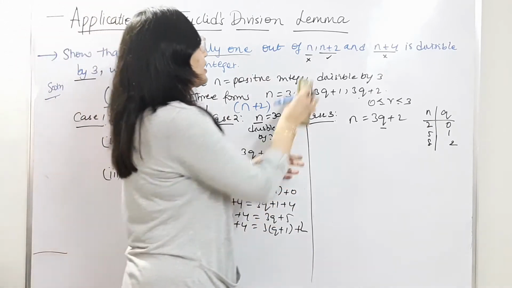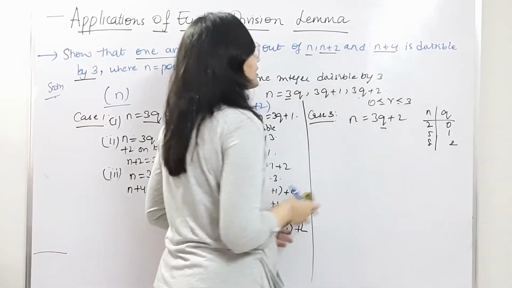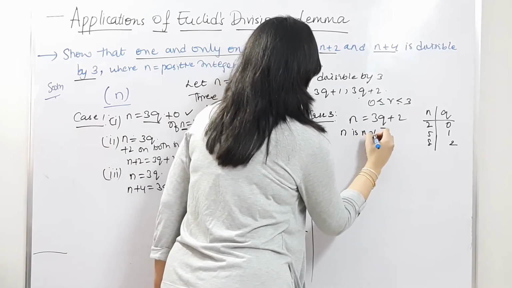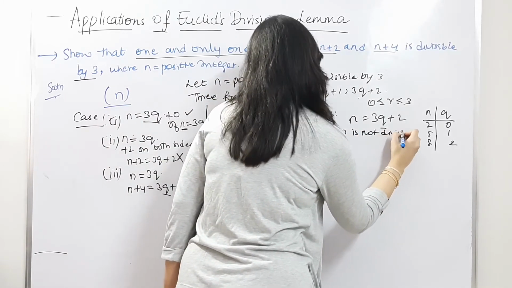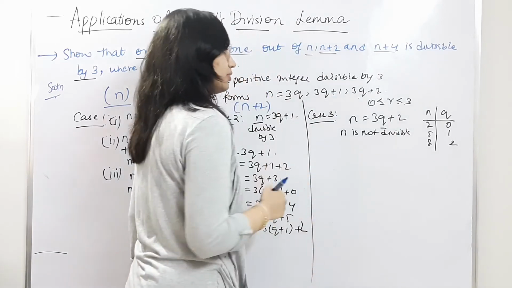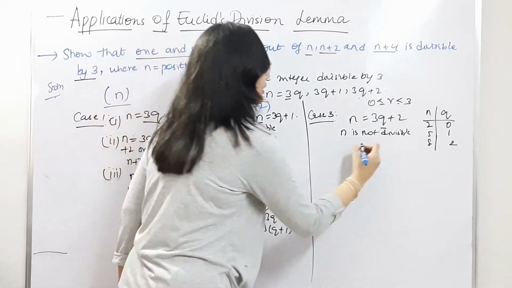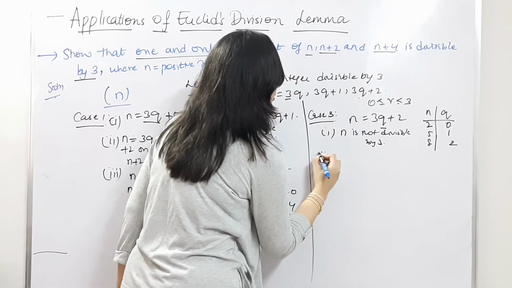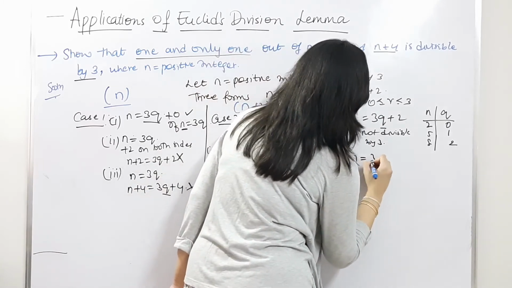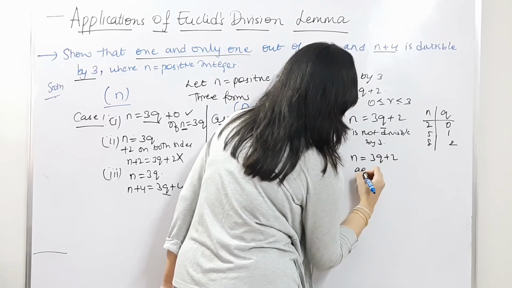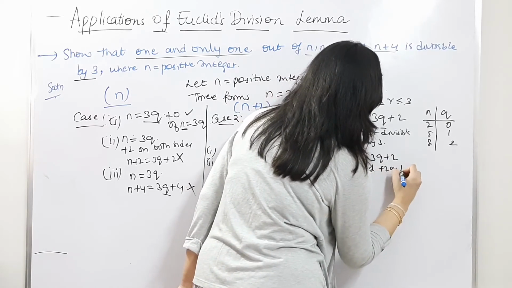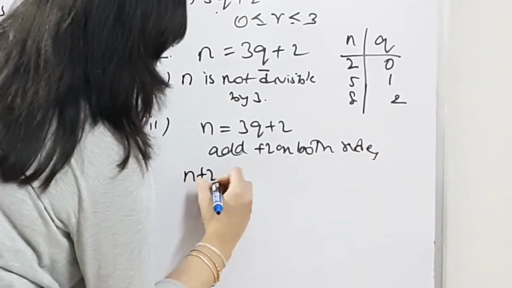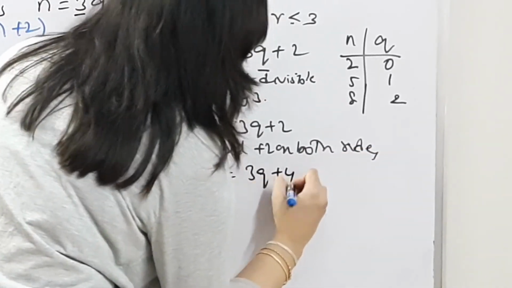So we can say that in this case, n is not divisible by 3 whenever n is in the form of 3q plus 2. Next, n is equal to 3q plus 2; you add 2 on both sides. What will we get? n plus 2 is equal to 3q plus 4.